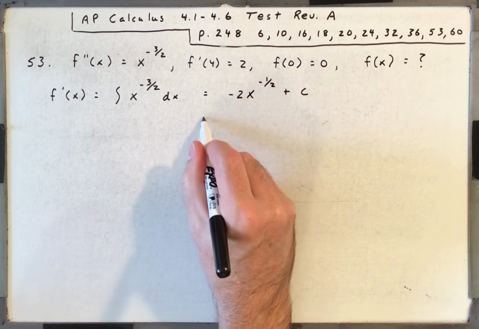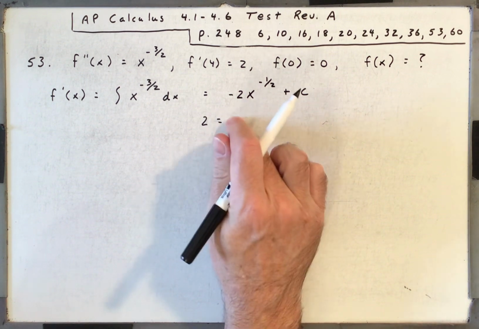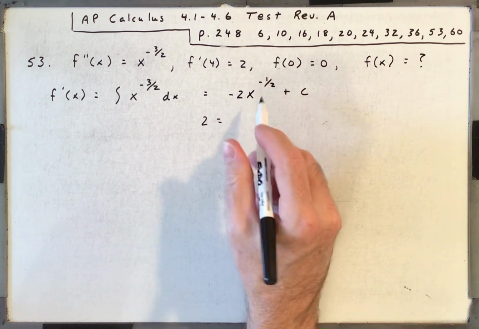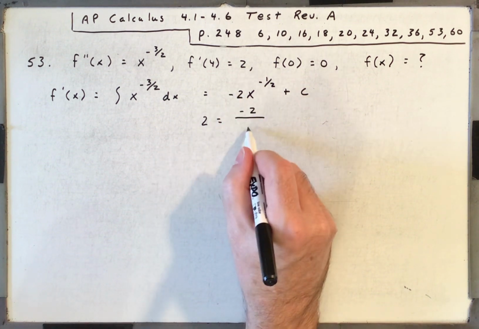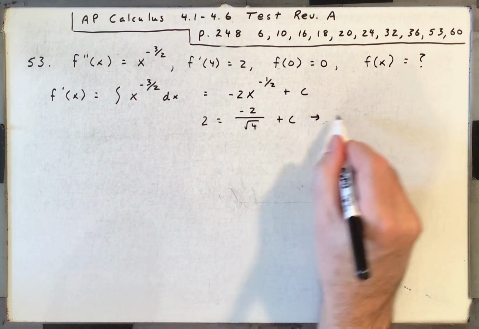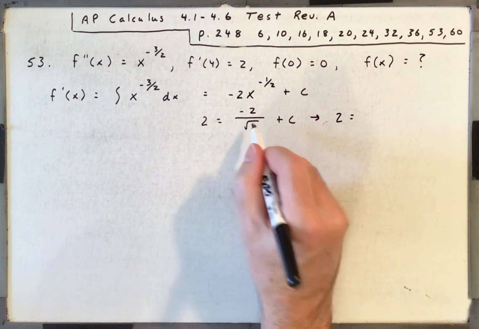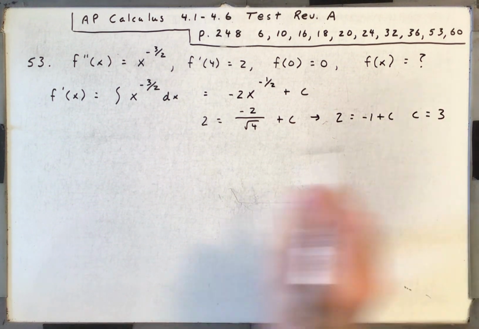So it says f prime of 4 is equal to 2. So I'd have 2 is equal to negative 2, and I'm going to go ahead and rewrite this as a fraction. Negative 2 over the square root of 4 plus c. So that would be 2 is equal to negative 1 plus c. So c is equal to 3.